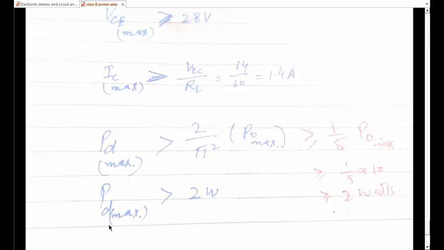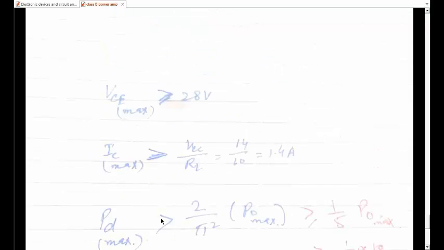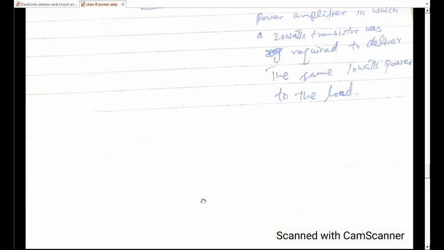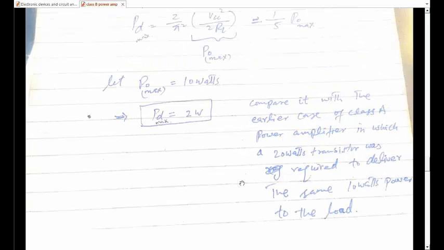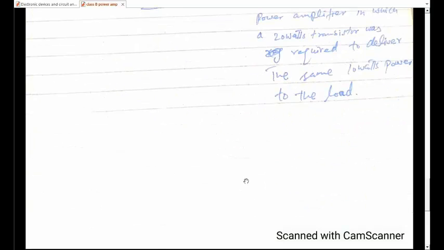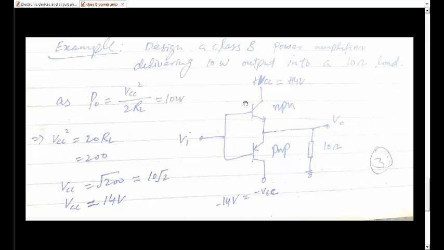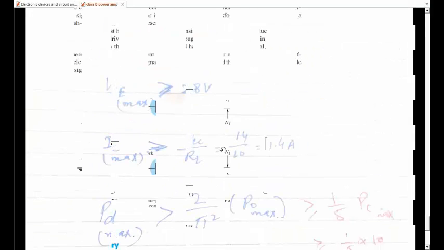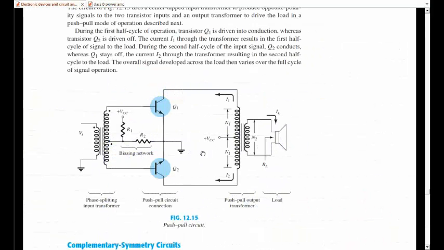That is, the transistor which we select to use in this circuit should have a power rating greater than 2 watts. So this is about the class B amplifier. There is a variety of class B amplifier circuits.